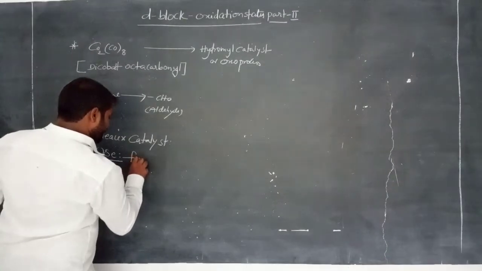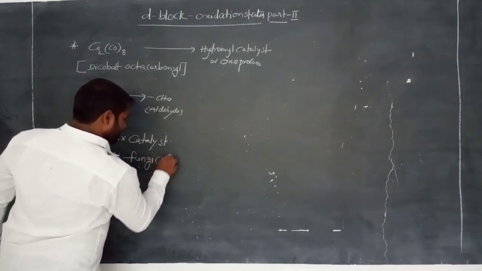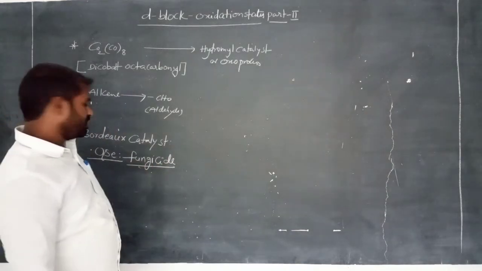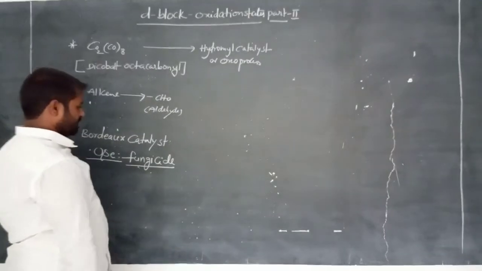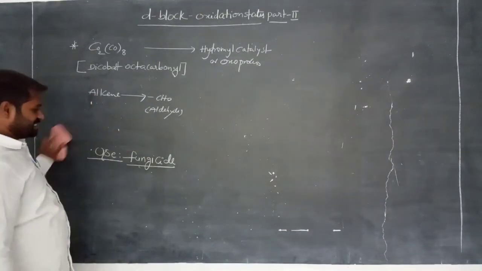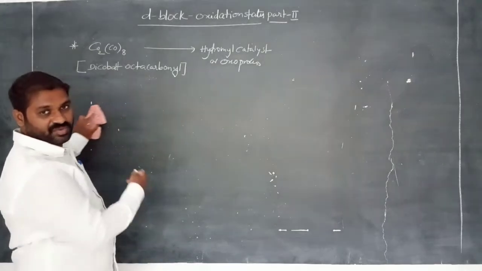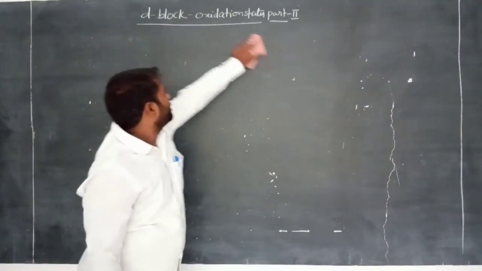It is used as a fungicide. Remember this, fungicide. Okay. So these are the two catalysts. Note it down. Fungicide is the use of Bordeaux catalyst, already discussed. This one is the new catalyst here.